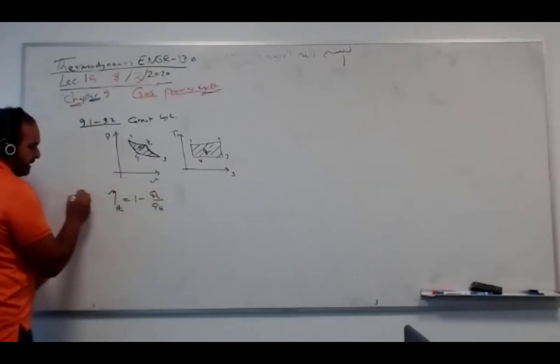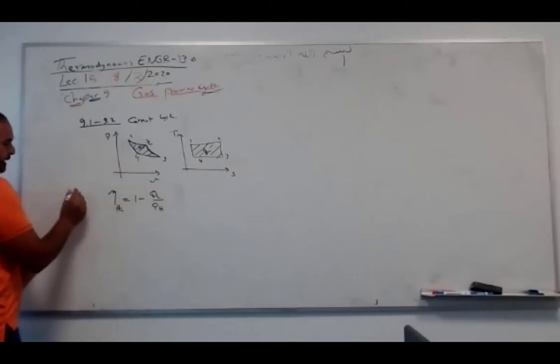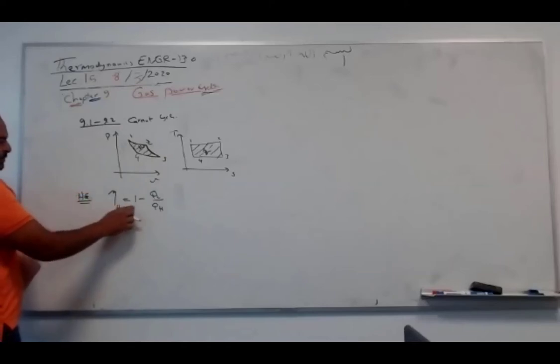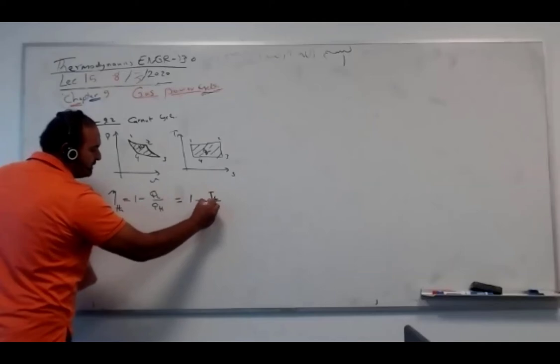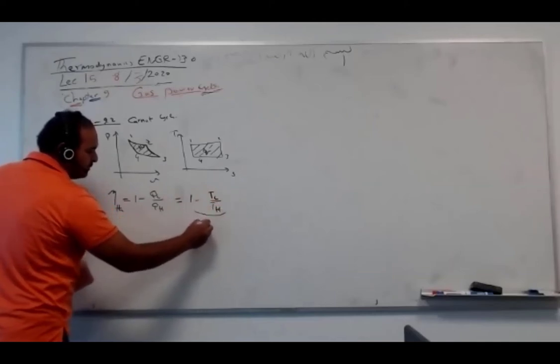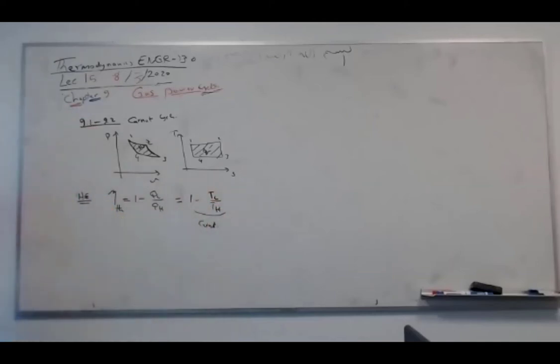For example, for a heat engine, the thermal efficiency 1 minus Q low over Q high is always correct. It equals 1 minus T low over T high only if it's Carnot. That is the maximum, ideal efficiency. There is something called COP, very similar, but for refrigerator and heat pump. So this is 9.1.